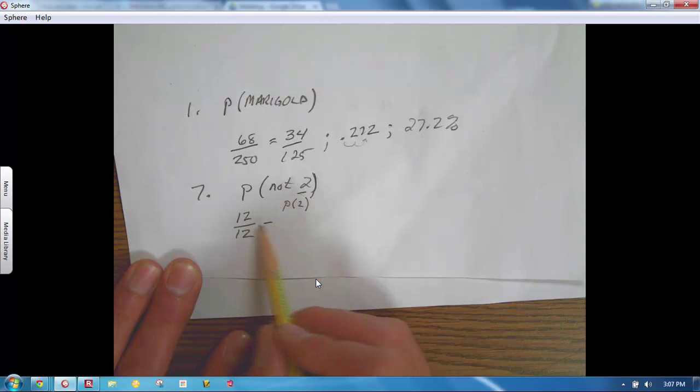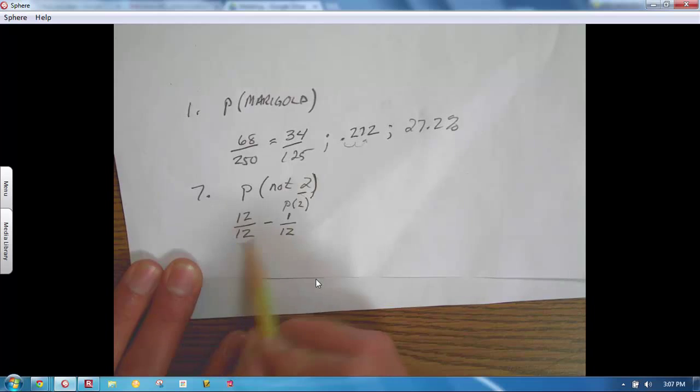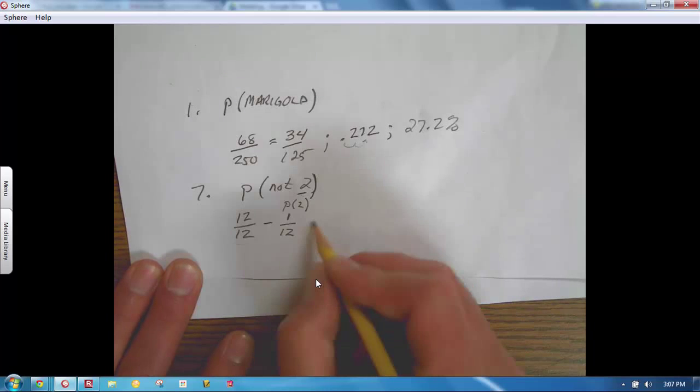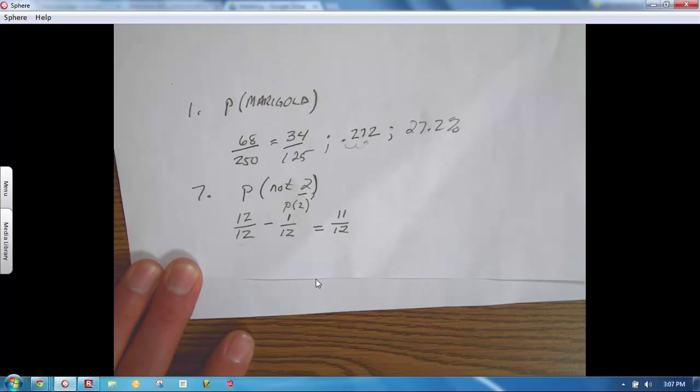But if we subtract the probability of a 2 from all of the possible outcomes, that's going to give us the probability of not landing on a 2, which would be 11 out of 12. And that's all you have to do for that one. You don't actually have to express that as a decimal or a percent.